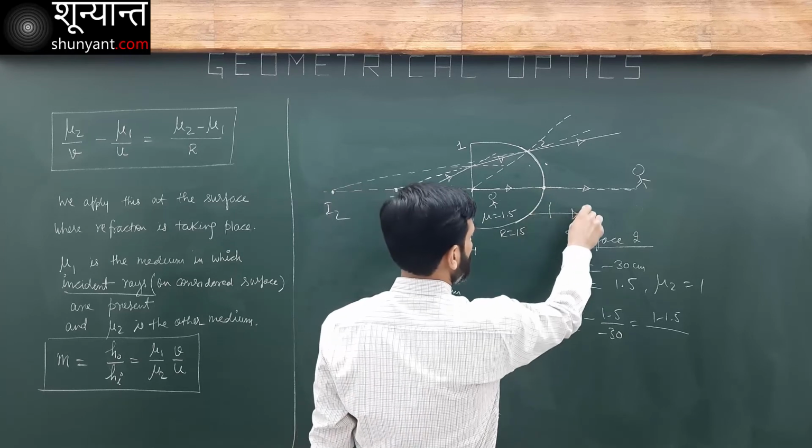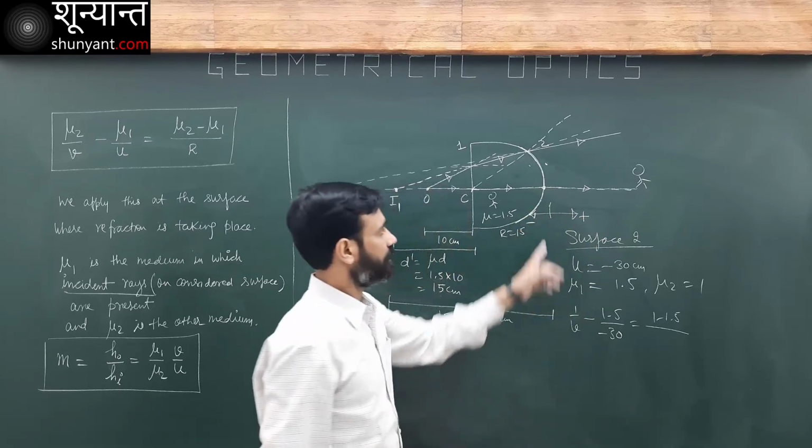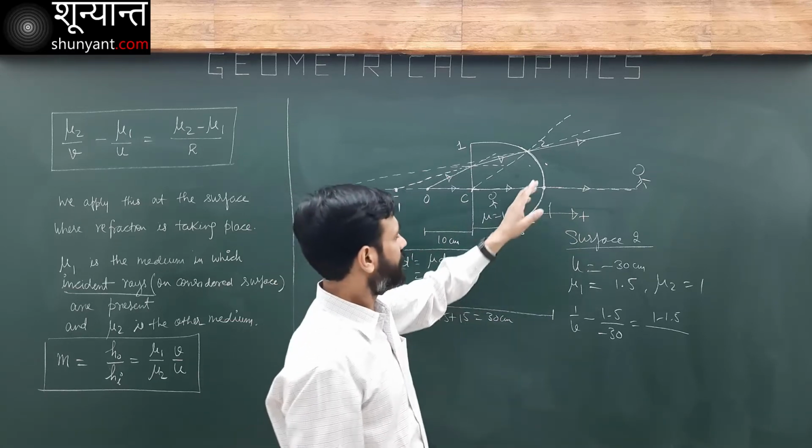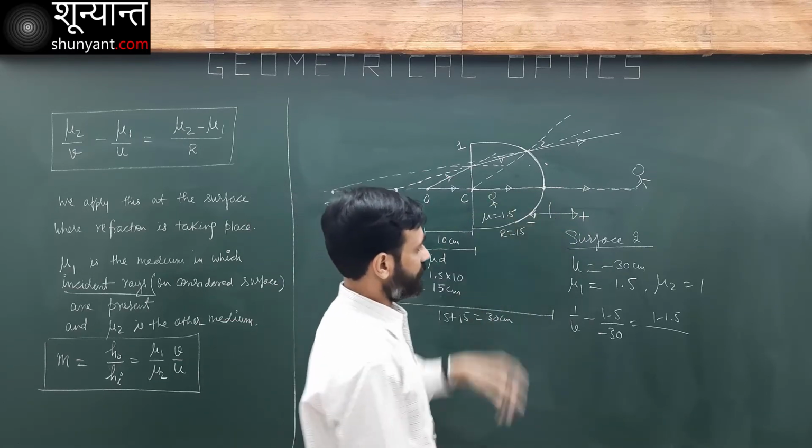Sign convention, positive and negative. So radius becomes negative, minus 15.